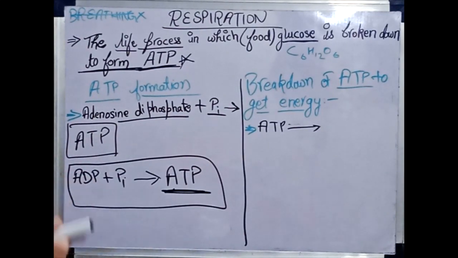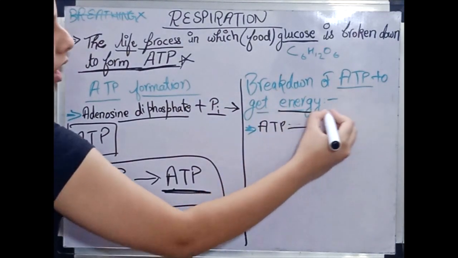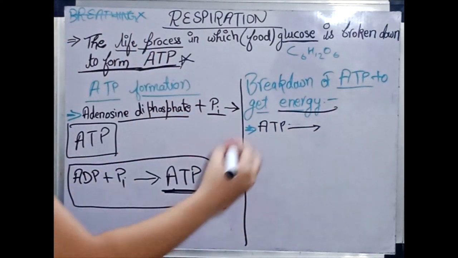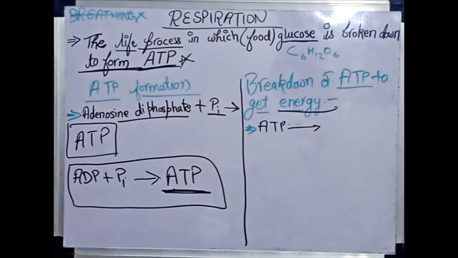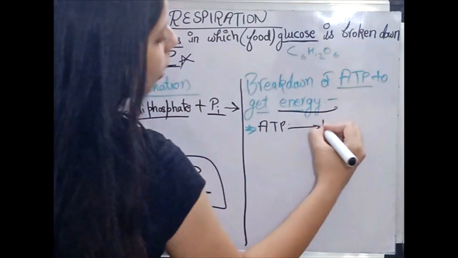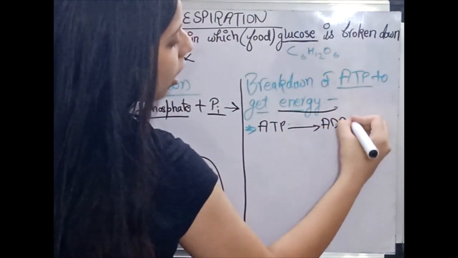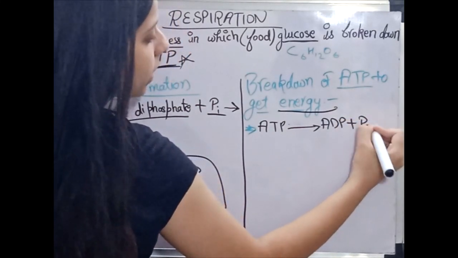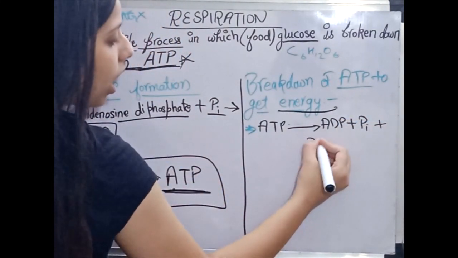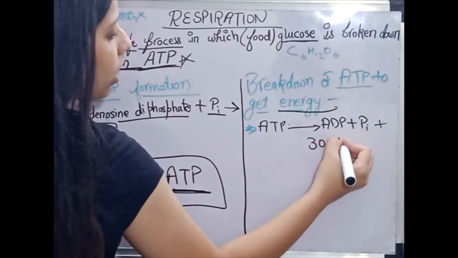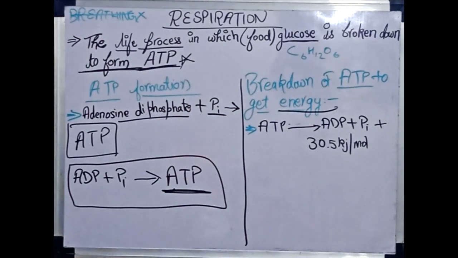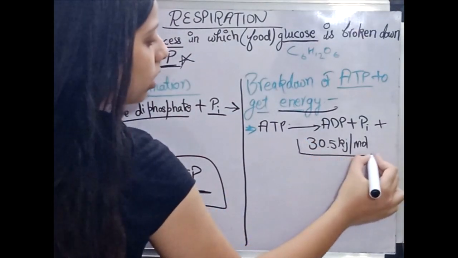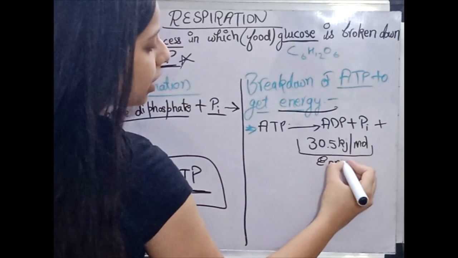Now when your cells need energy, then they break down ATP, adenosine triphosphate. So ATP is broken down into ADP plus phosphate plus 30.5 kJ more energy.